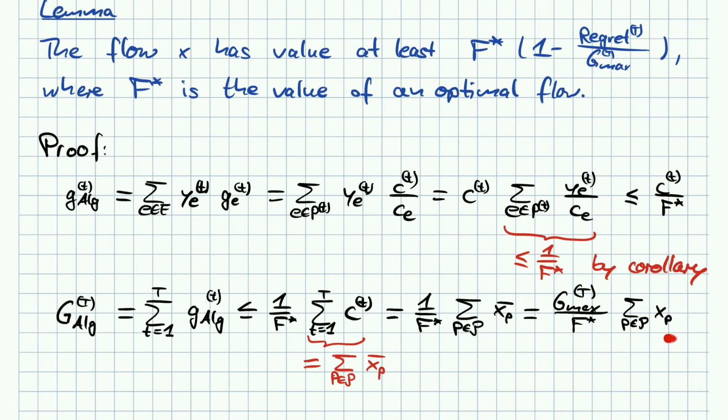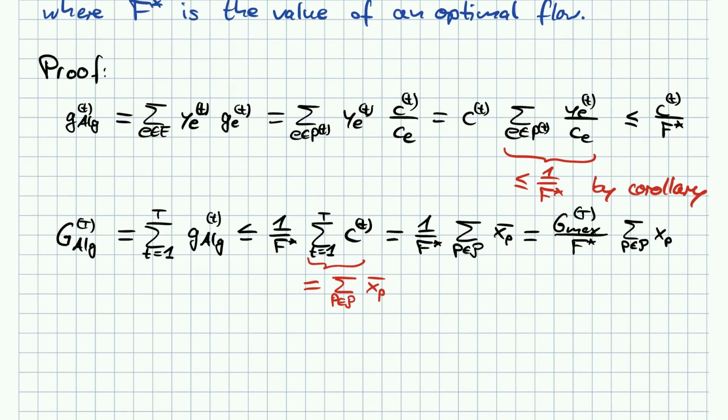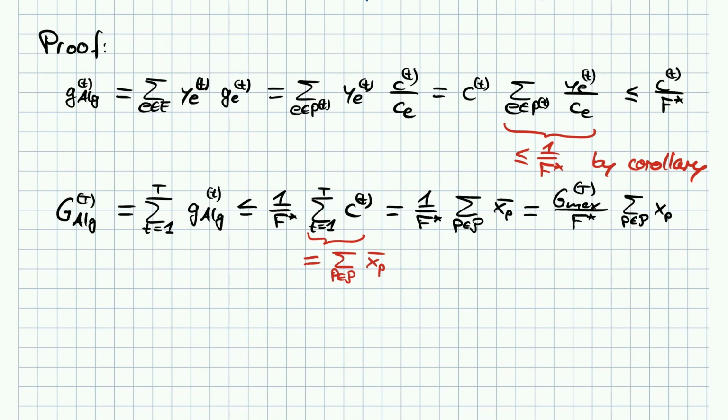So this is already relating the flow that we're returning to the gain of our algorithm. But the gain of our algorithm can also be related to the best possible gain.